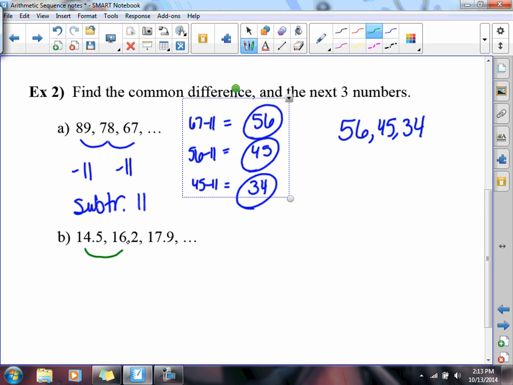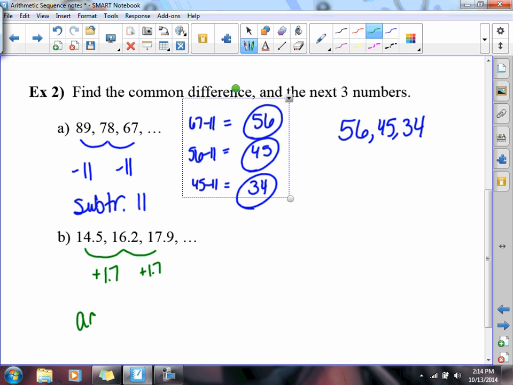If I'm at 16.2 and I take away 14.5, I'll get the amount that was added, which is 1.7. And same thing to go from 16.2 to 17.9. If you're not sure what was added, then subtract. Do 17.9 and subtract 16.2, and you should get 1.7. So that's how much you'd have to add to the 16.2 to get the 17.9.